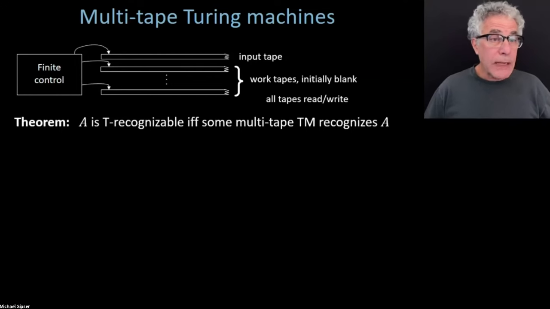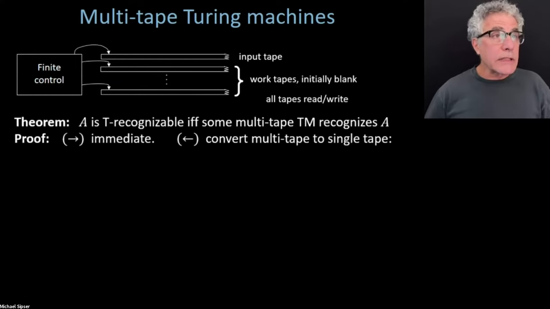For example, if you have a push-down automaton with 2 stacks, you can do more languages than you can with 1 stack. So it's conceivable that by having more tapes, you can do more languages than you could with one tape. But in fact, that's not the case. One tape is as good as having many tapes. And we're going to quickly sketch through the proof of that fact.